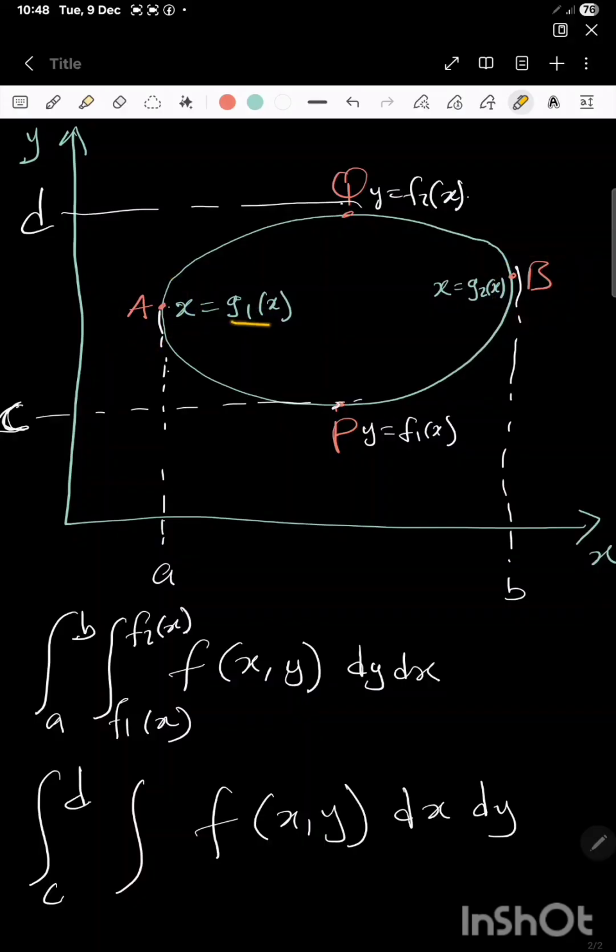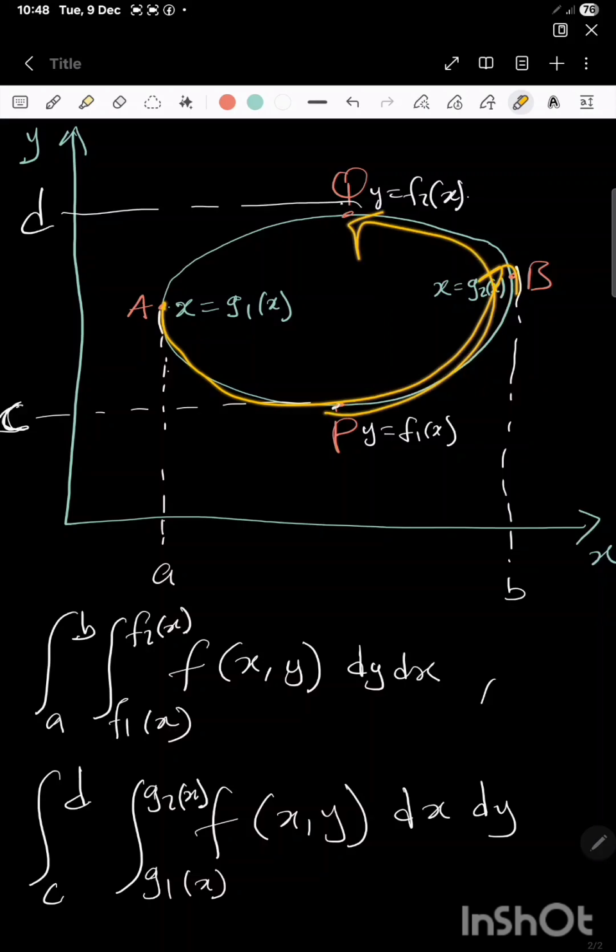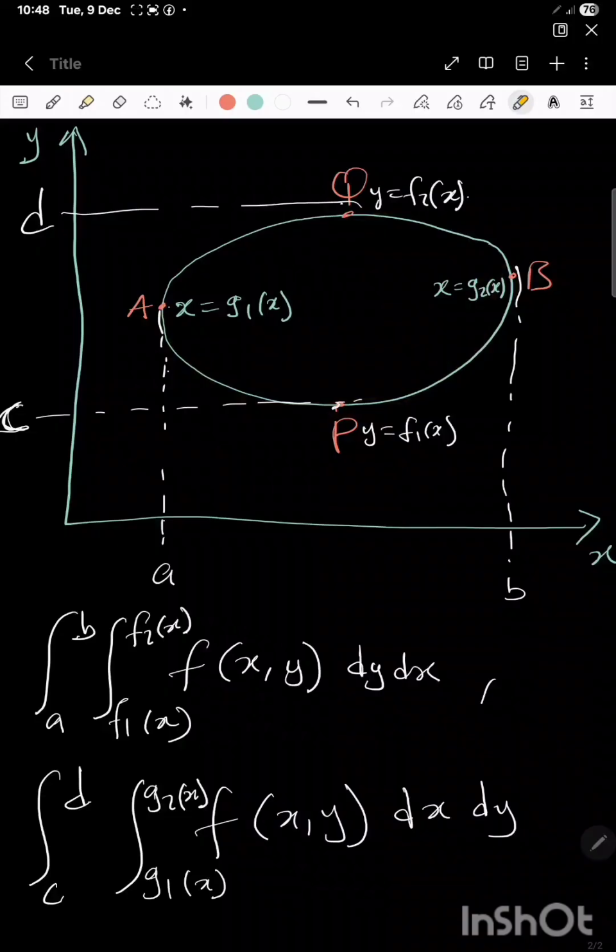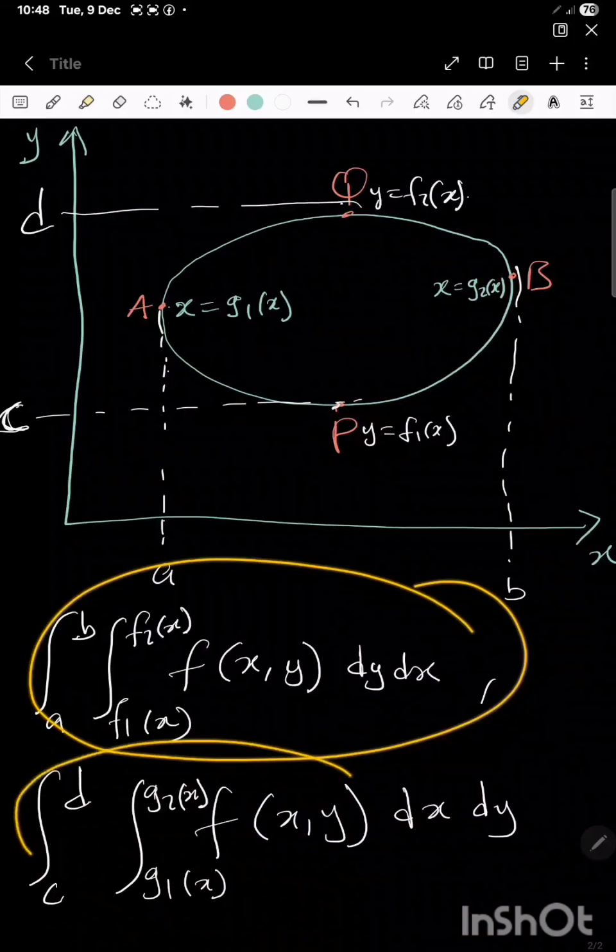The limit of x is g1 of y to g2 of y. So we put g1 of y to g2 of y like that. So these are the two choices of integration that one can take if you are trying to look at the area that the particle is taking, if it is to move from A to B and then P to Q. That is how you can get these two choices of integration.